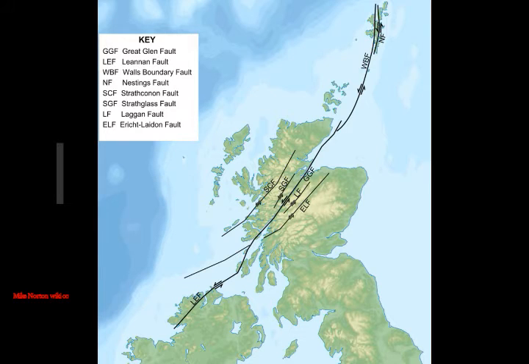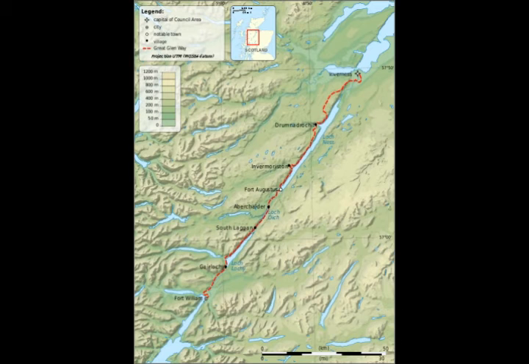The northeast fault connects to Wales' boundary associated with the Walls Boundary Fault. The history of the Great Glen Fault: it has a long movement history. It formed towards the end of the Caledonian orogeny, associated with a collision between North America, what we used to call Laurentia, and the Baltic, which is the Baltica of today.